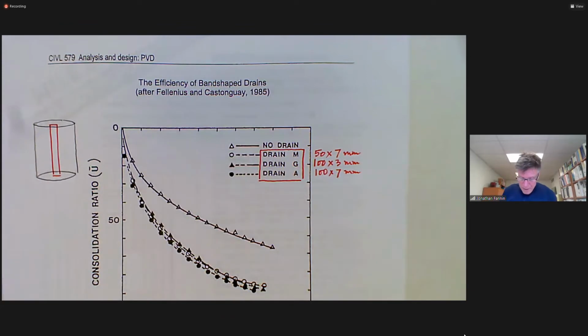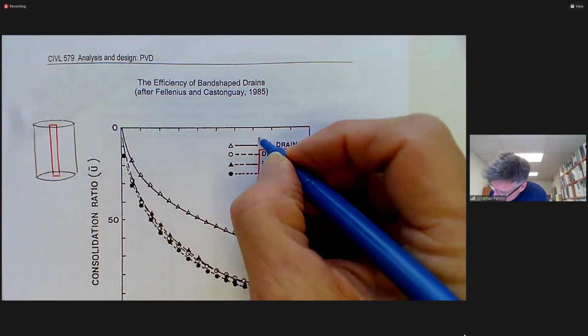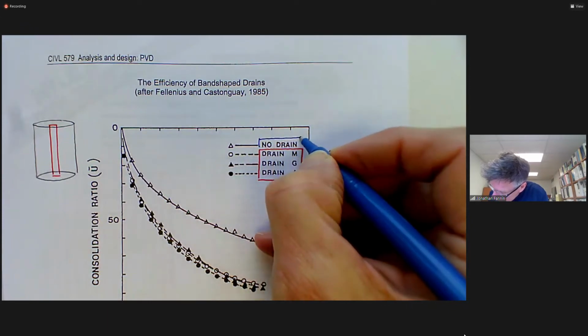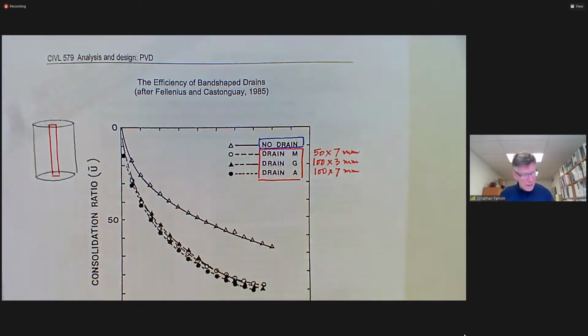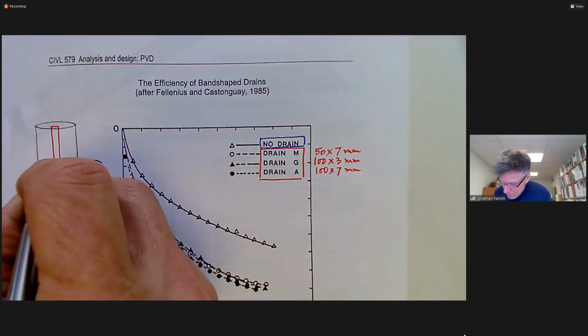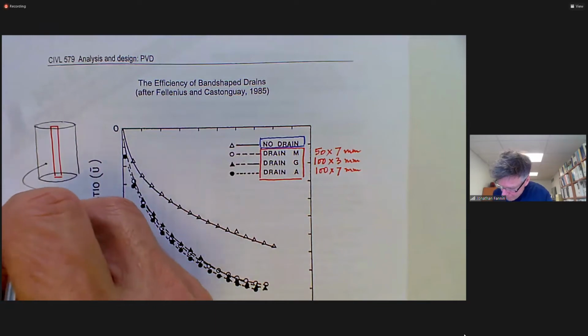And he also had one setup with no drain, just the remolded clay compacted into the oil drum.